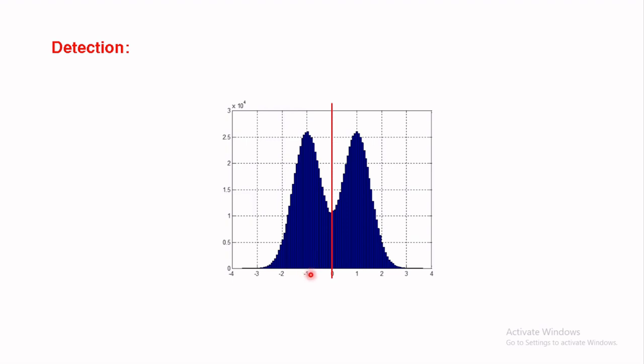But the receiver doesn't know that it is not 0, if it's not minus 1. So the receiver will decide that this value here is 0, but in reality it was 1, and because of the noise it shifted to this side of the decision boundary. So this is when errors arise in the system.